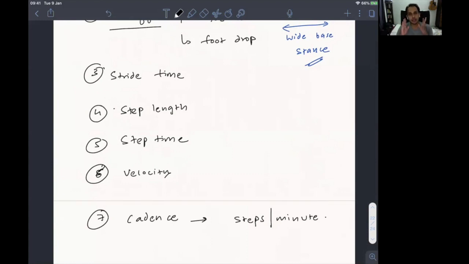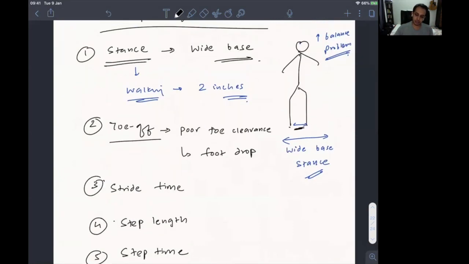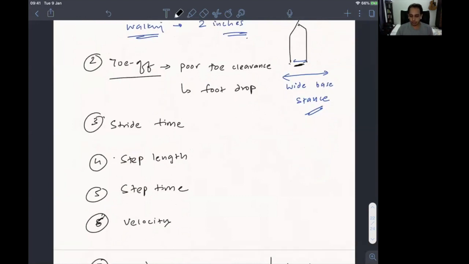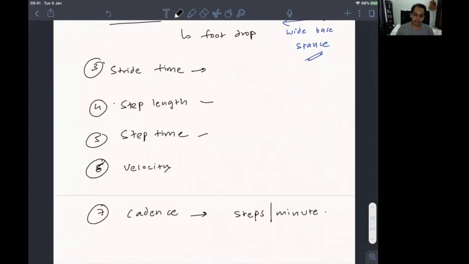Even if you are not able to conclude why this is happening, document the distance between the base, document whether the toe is getting lifted off, document the stride time, the step length, velocity, and cadence. What this does is give you a baseline for comparison. So later on, you can see whether the gait is worsening, or is static, or is improving. So that is why these parameters are important.